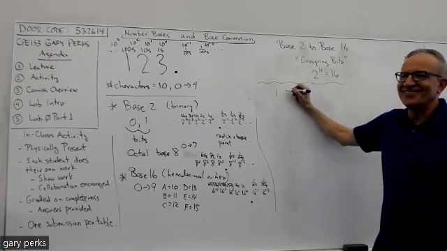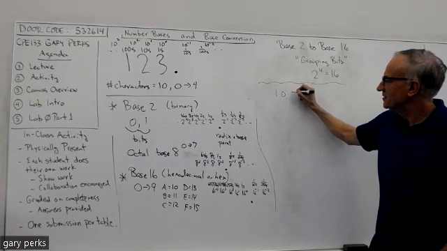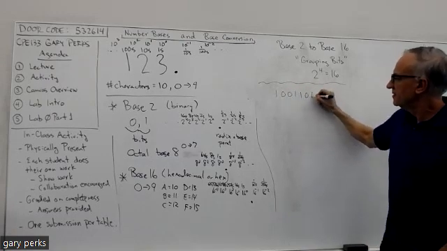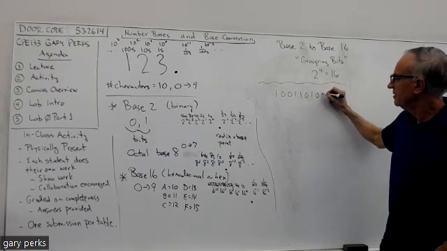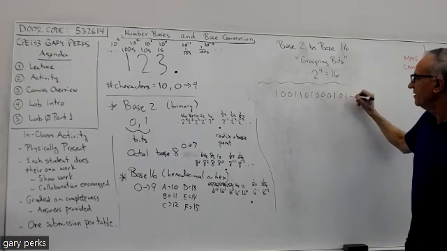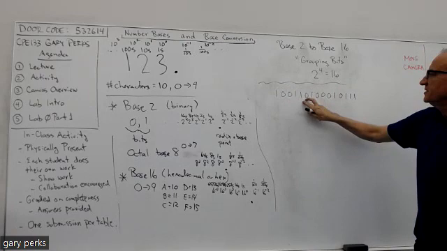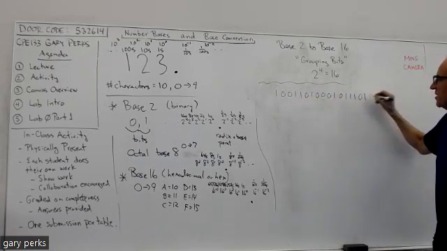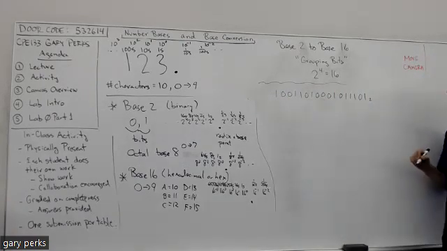You want a 0? 0, then what? 0, 0, 1, 1, 0, 1, 0, 0, 0, 1, 0, 1, 1, 1. How many more do we need? 3, 6, 9, 10. Give me 2 more. 0, 1. Okay, great. So 17 bits.